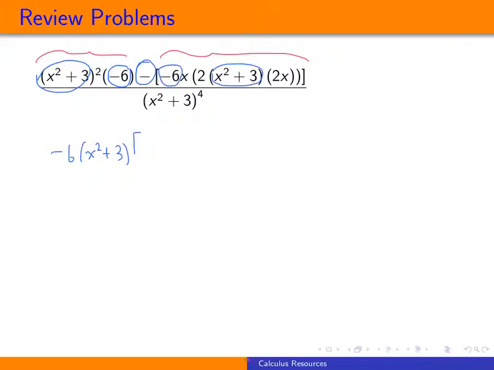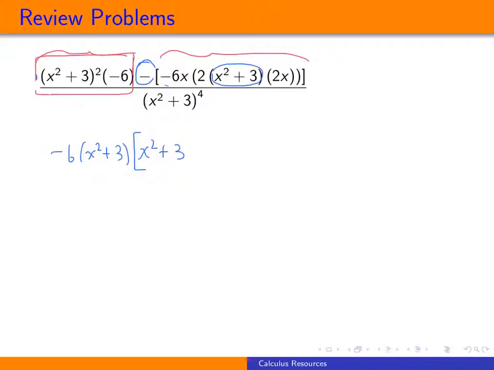Then I'm going to see what's left after those two terms are factored out. Well, in that first expression here, after I factor out that negative 6 and that x squared plus 3, I'm just left with 1 x squared plus 3. So down here we have an x squared plus 3 on the left-hand side of that minus sign.